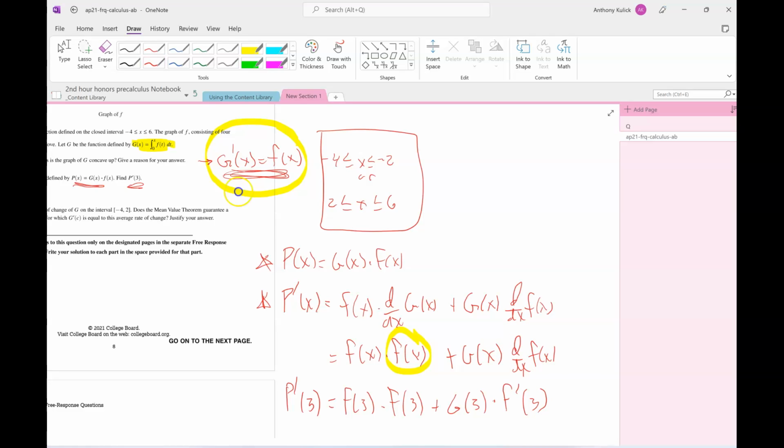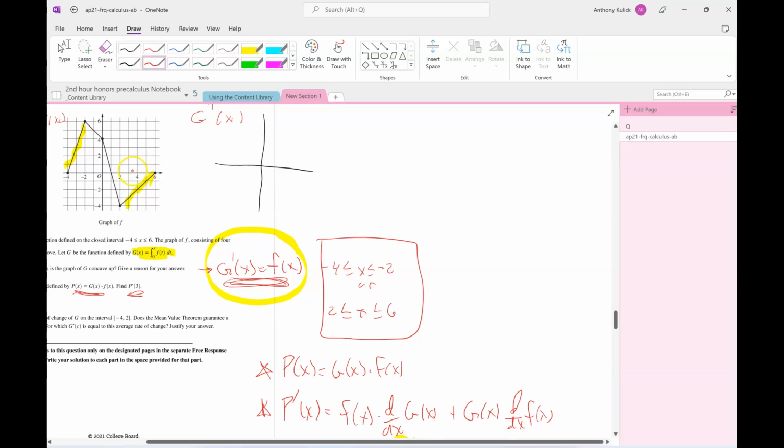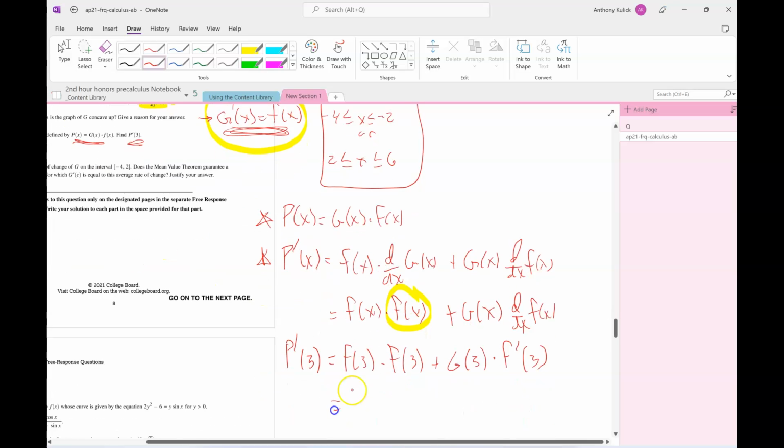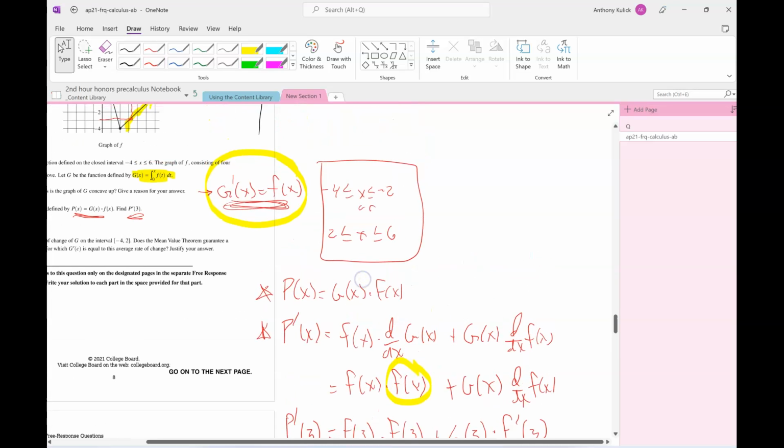So f of 3, I can just read from the picture, right? 3 is here. So f of 3 is negative 3. F prime of 3, what does f prime of 3 mean?